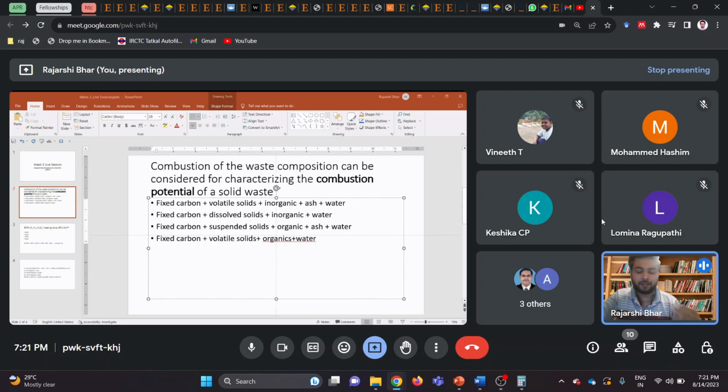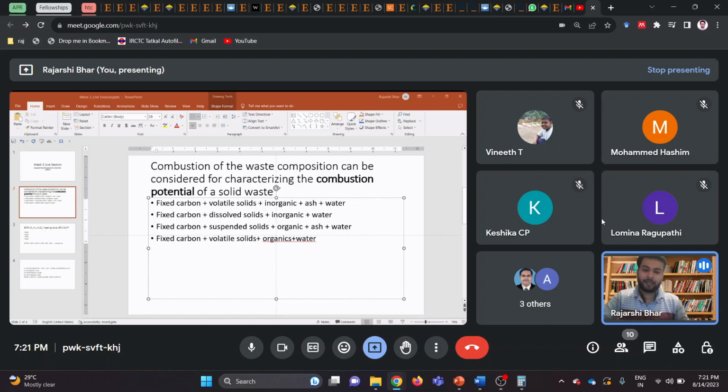Ash is what is left behind after combustion is done. If I am burning 1 kg each of two materials, and after the combustion is done, in one, 200 grams of ash is generated, and in another, 500 grams of ash is generated.